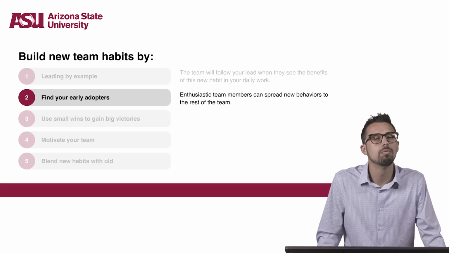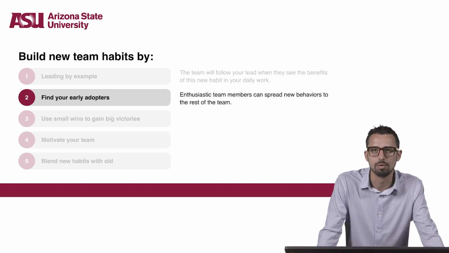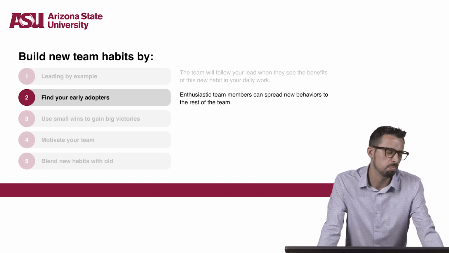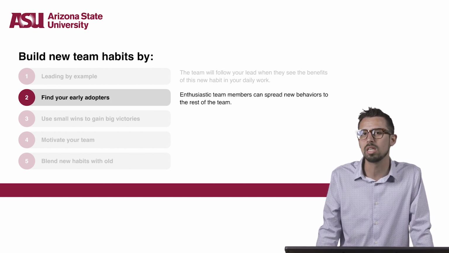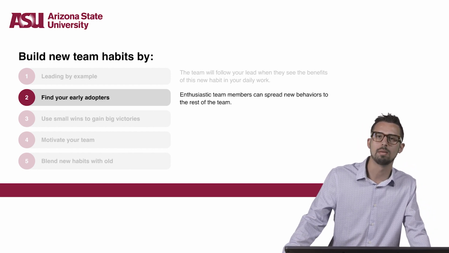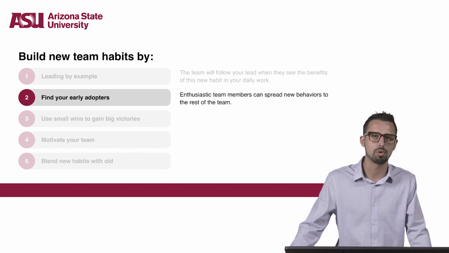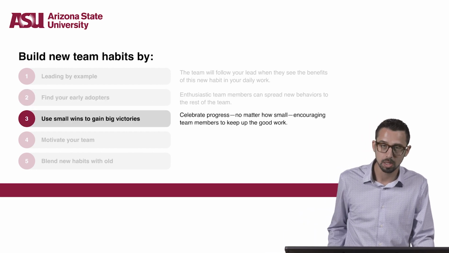So again, we're looking for those early adopters here to help get other more curmudgeonly or potentially less savvy colleagues to realize the benefits of the implementation and work towards adopting a habit around it.